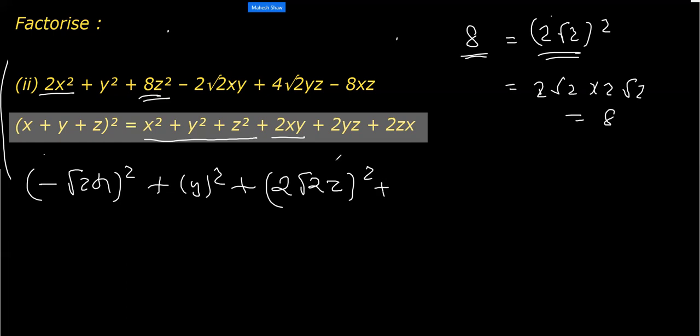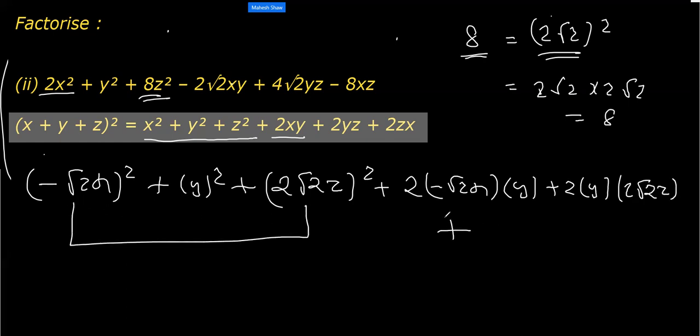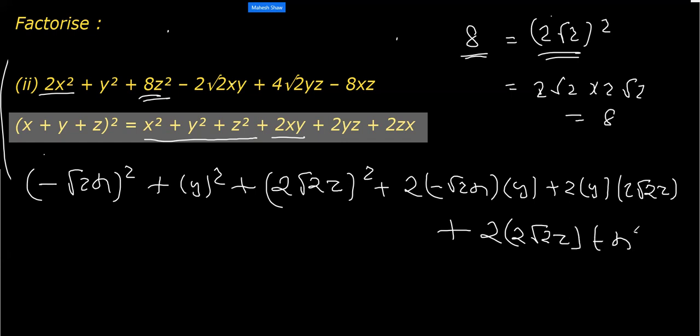And then you'll have to write plus here, irrespective of whether there is a minus or plus: 2 times the product of the first two terms, that is minus root 2x multiplied by y, plus 2 times the product of y and 2 root 2 z, plus twice the product of x and z, that is 2 times 2 root 2 z multiplied by minus root 2x.